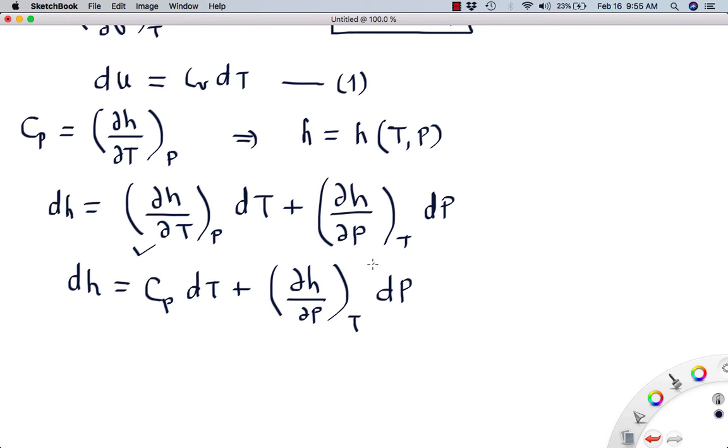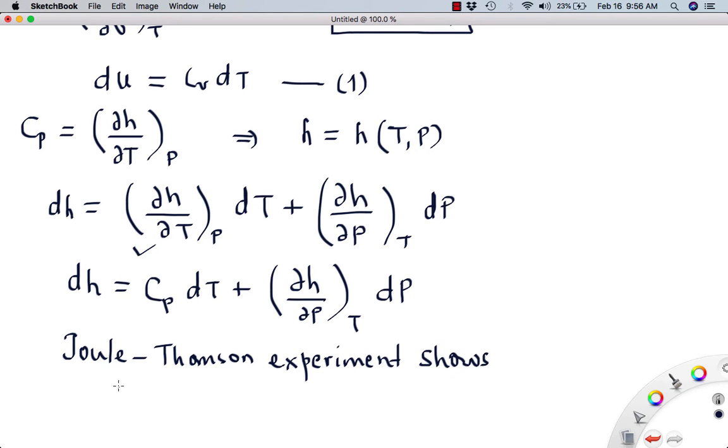And for an ideal gas, Joule-Thomson experiment shows that this quantity would be zero. Okay, so we will show this in next chapter, chapter 5. So Joule-Thomson experiment shows partial H partial P at constant T is equal to 0 for an ideal gas.